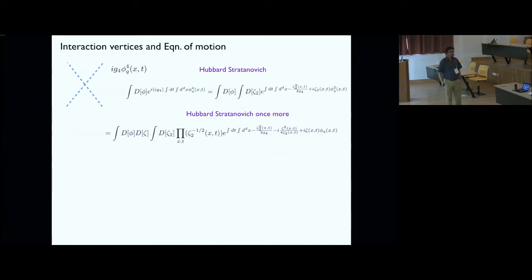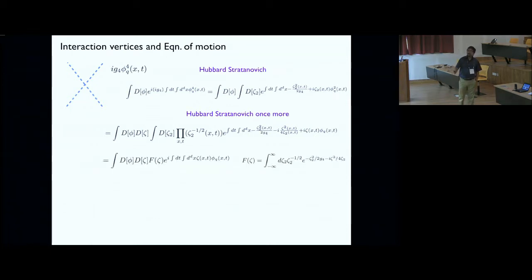Importantly, on a technical note, this is one case where you cannot leave out the prefactor. Usually when you do Hubbard-Stratonovich, you don't care about the prefactor, it's a number. Here the prefactor involves this field zeta 2, and of course our final goal is to integrate out zeta 2. So if you miss this factor, you will get into trouble. So you have to keep this prefactor carefully.